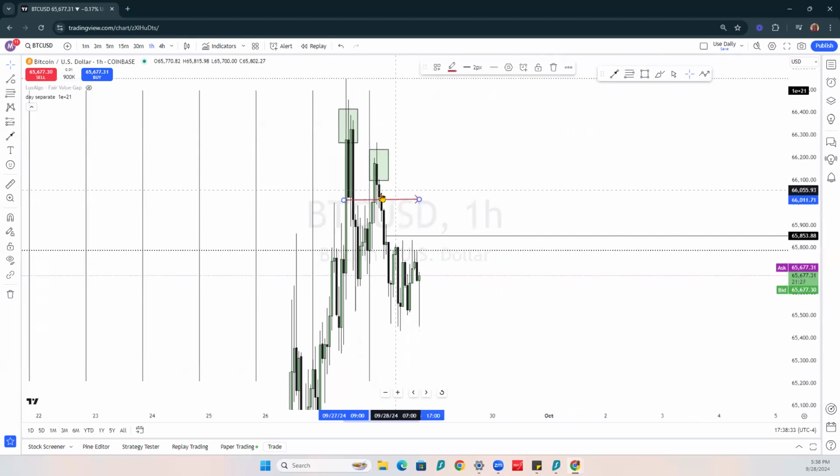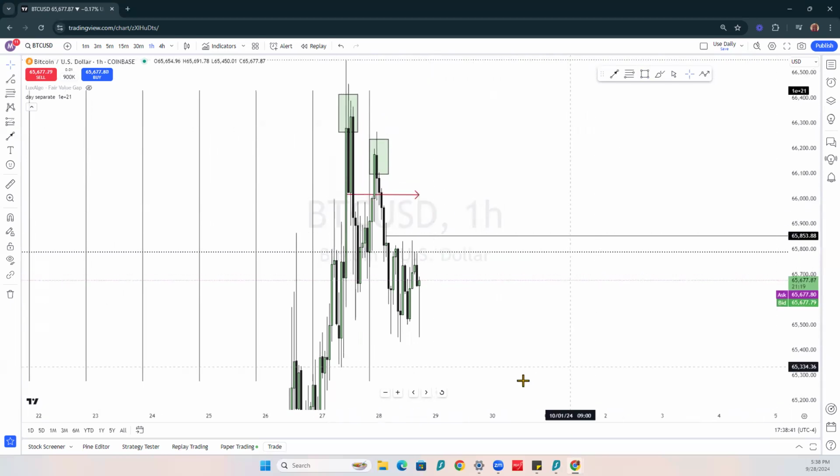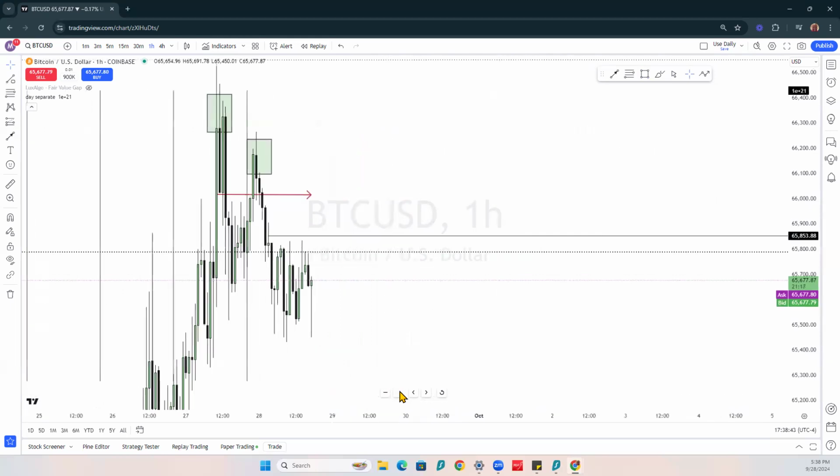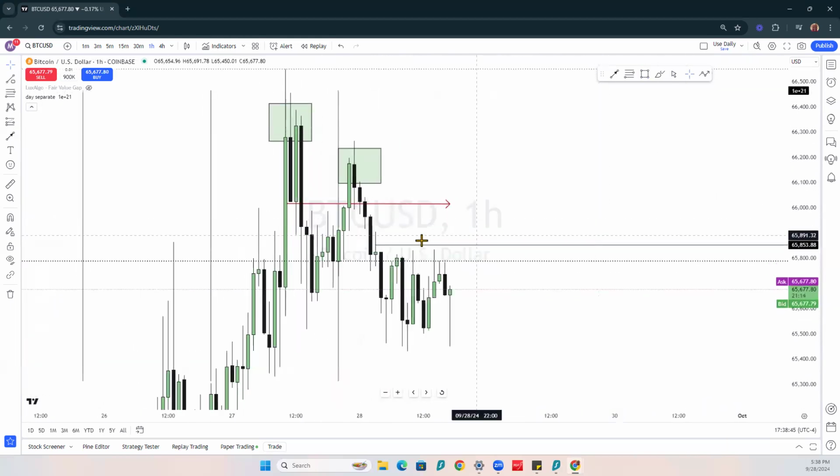So if you created this neckline right here, right below this black candle, what do we see? If we open this up, we see a high and a high and then a neckline. The market broke the neckline, and then with this candle, tried to come back up a little bit and then continued its journey going lower.